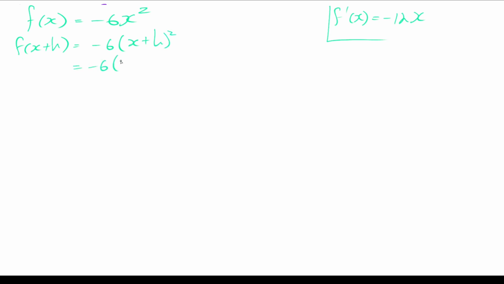Negative 6 times x squared plus 2hx plus h squared. Brain fart. Anyway, we have negative 6x squared, no, negative 12hx minus 6h squared. Those minuses almost threw me off my game.